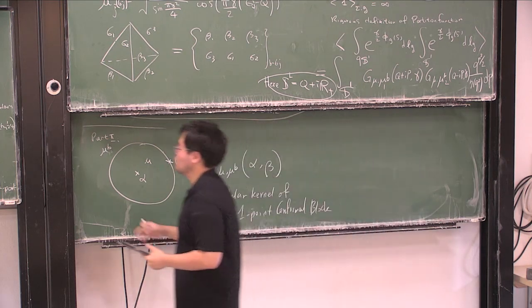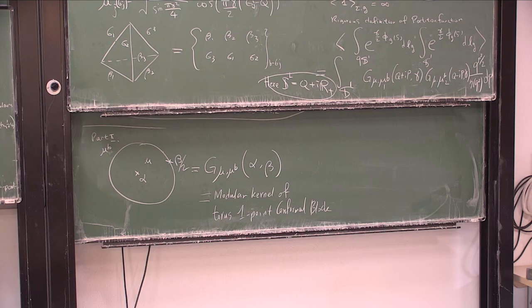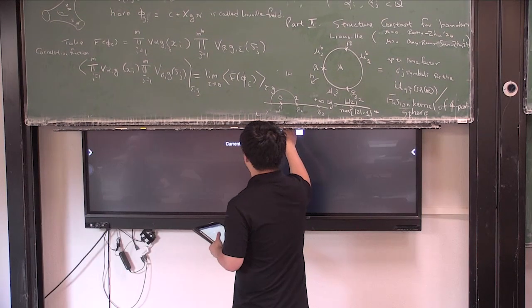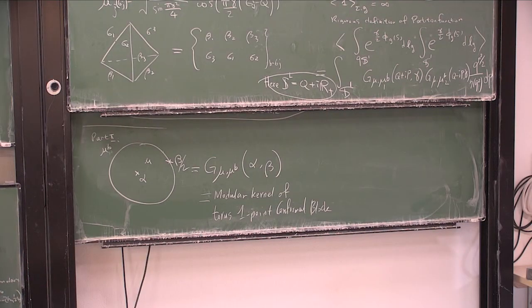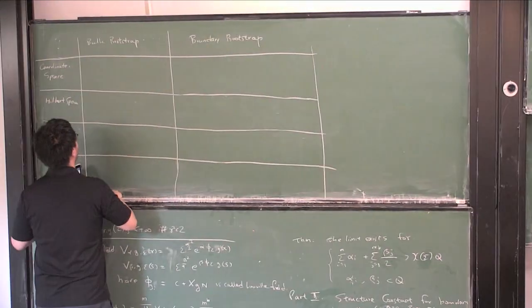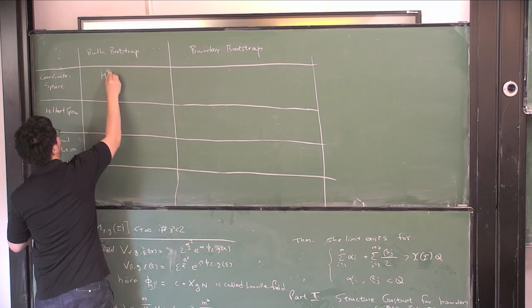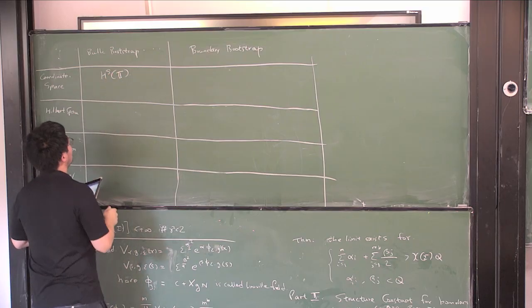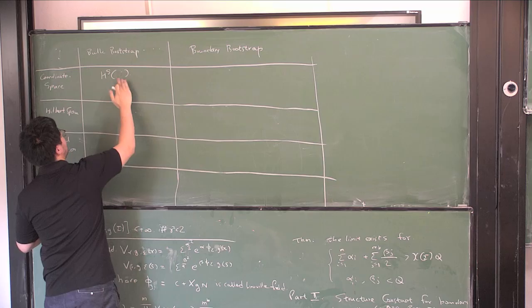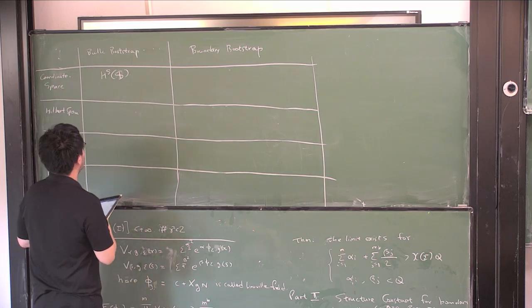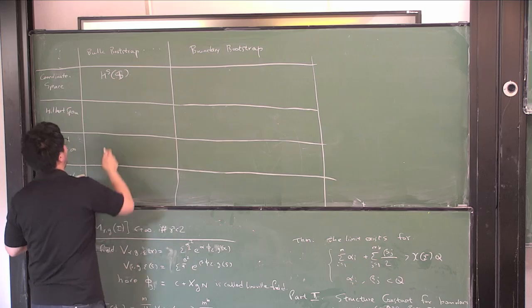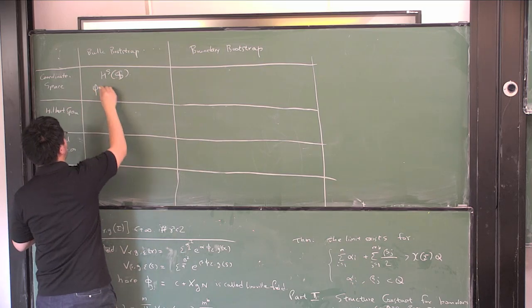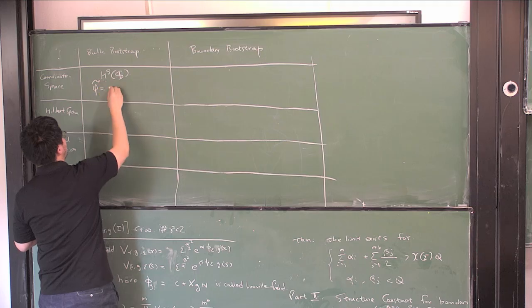Now, to explain how to do the bootstrap, I need to recall some terminologies. In the bootstrap, our coordinate space is some Sobolev space on the unit circle.